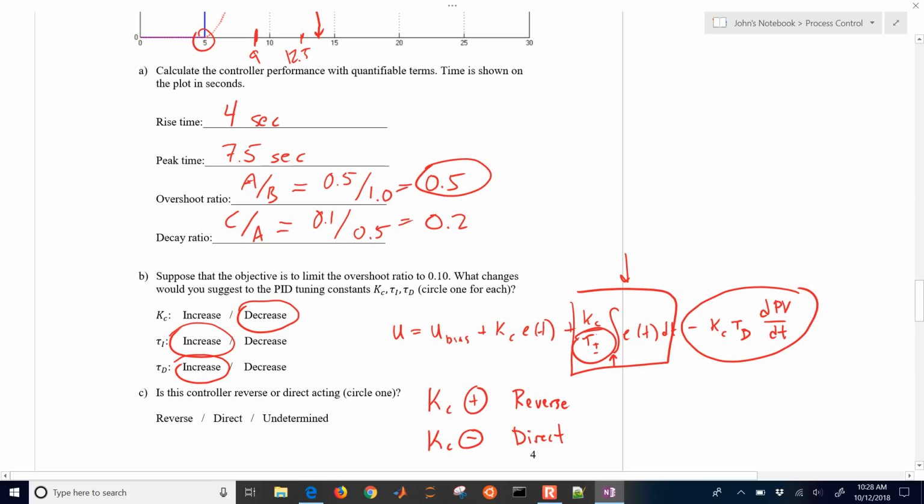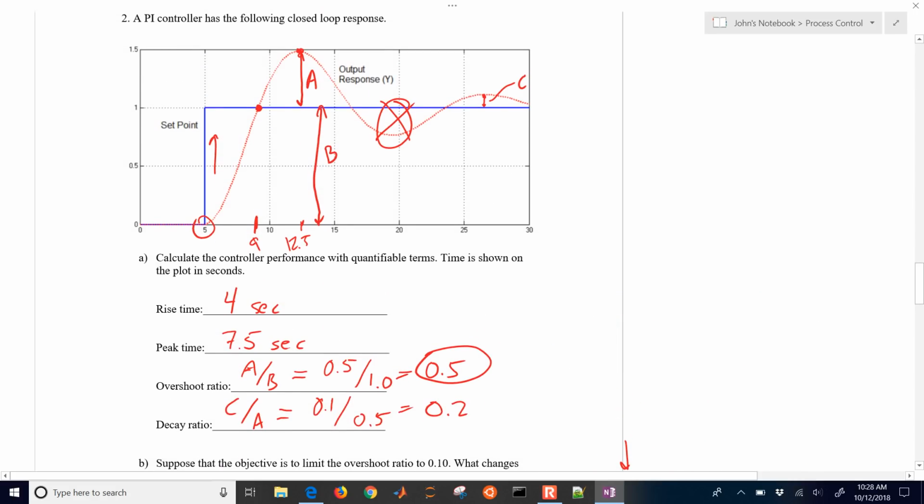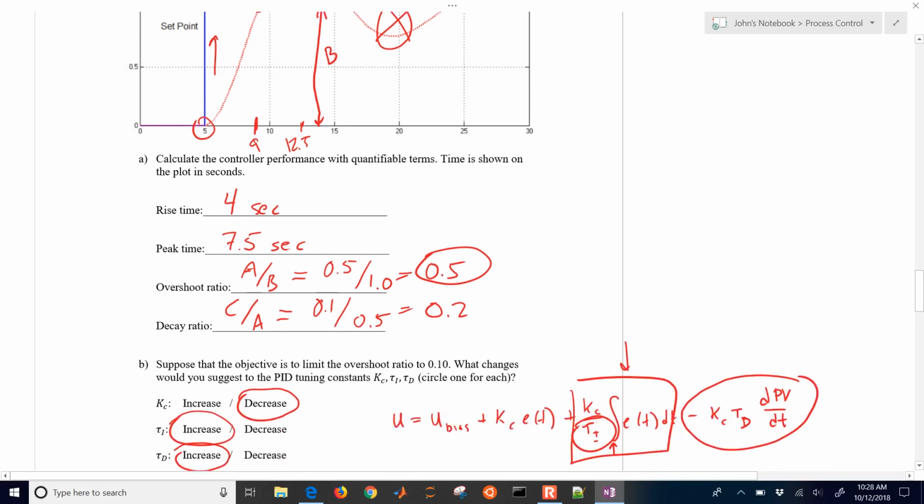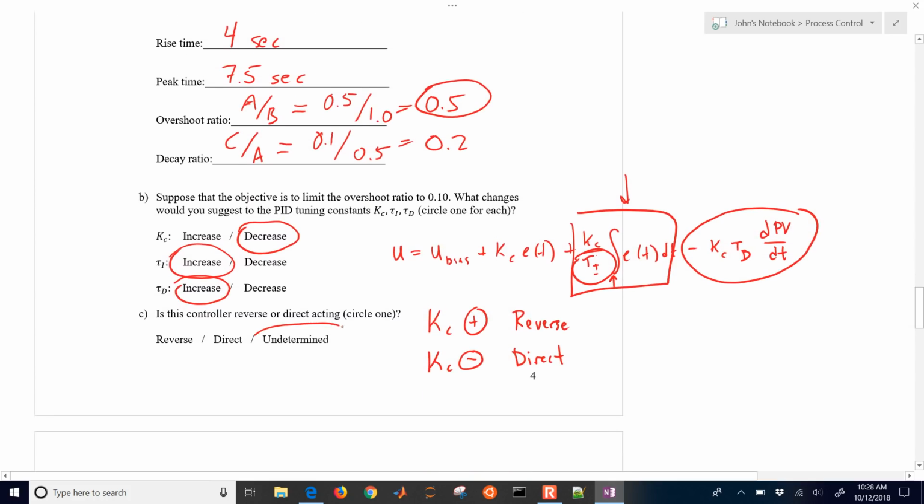Often in industrial control systems, Kc is always positive, but you have an option to say reverse or direct acting, and that's the sign. For this system, we're not really given the direction of the controller output. We don't see that on this, so we can't tell if the gain is positive or negative. So in this case, it would be undetermined.